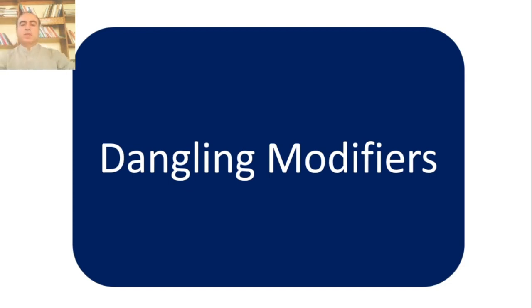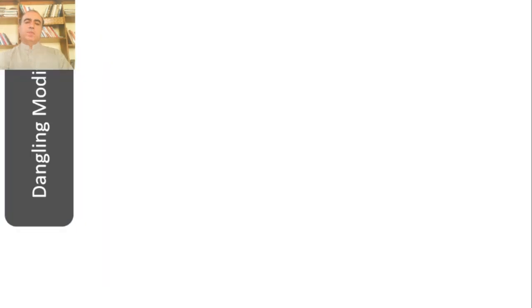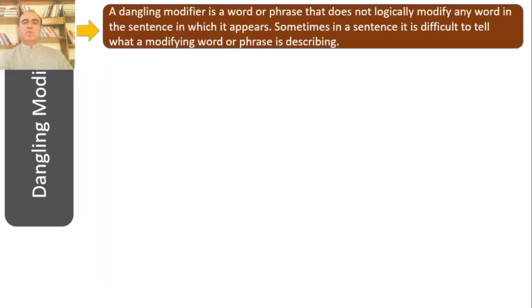Bismillahirrahmanirrahim. Students, today we are going to talk about dangling modifiers, and at the end of the lecture we will be able to figure out what a dangling modifier is.